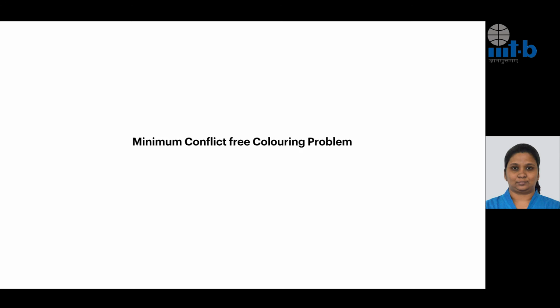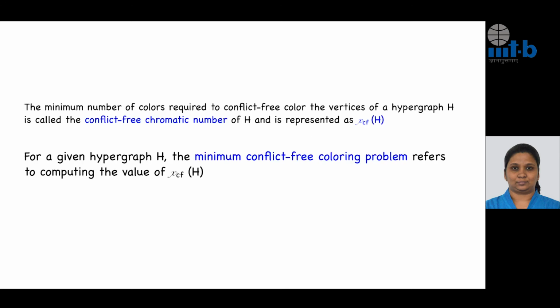In the algorithmic version, we try to optimize the number of colors used for a given hypergraph. Recall that the minimum number of colors required to conflict-free color the vertices of a given hypergraph H is called the conflict-free chromatic number of H. For a given hypergraph, the minimum conflict-free coloring problem refers to computing the value of the conflict-free chromatic number of H. So we will discuss this problem now.